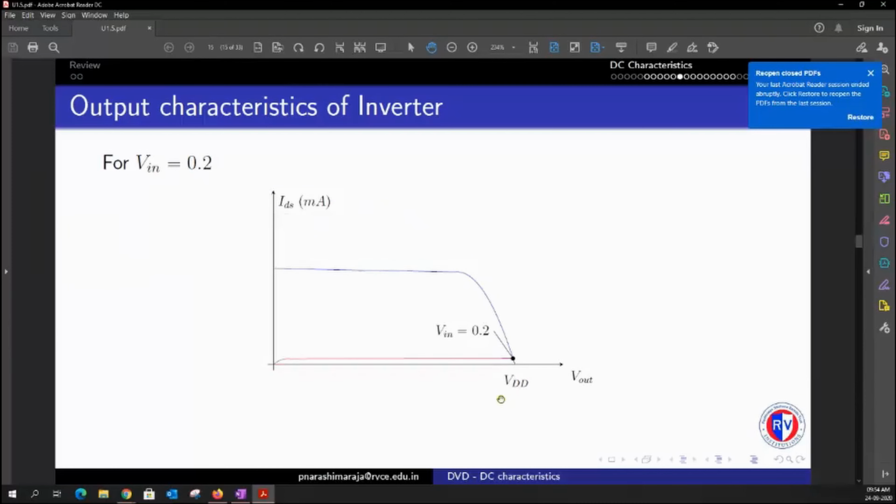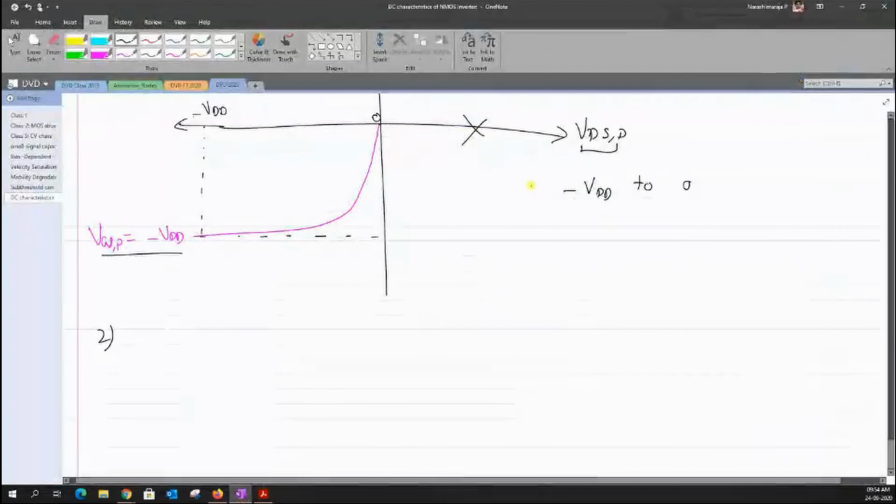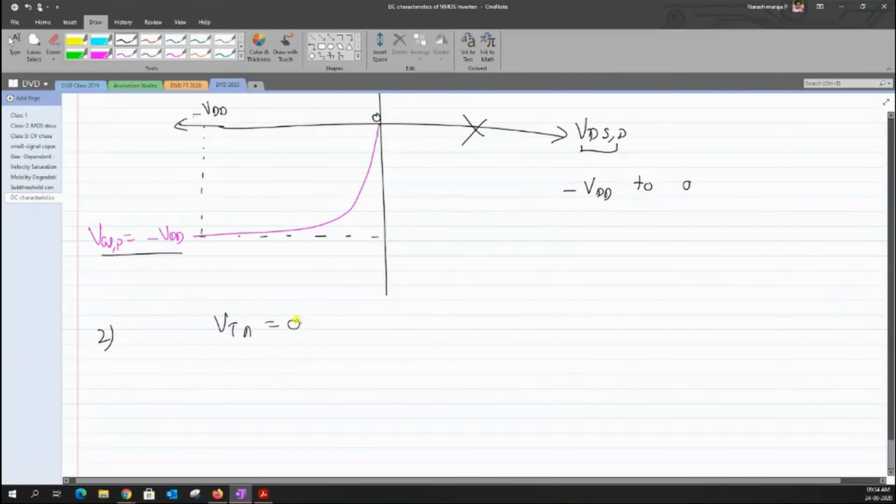Clear? So this is an input voltage where I have just increased the input voltage beyond the value of VTN. As I said, according to the graphic that I've drawn, the VTN and VTP both were taken to be around 0.1 or 0.15. It's fine, any of these values would hold good for us.